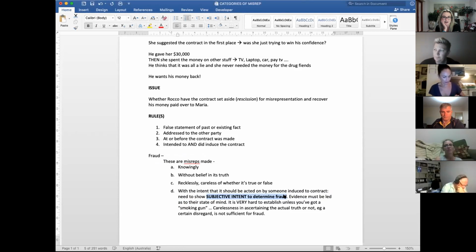Subjective intent. So is that going to be an easy thing to show or a hard thing to show? How high is this bar? Very high. Yes. Unless you've got a smoking gun, it's really, really hard to show fraudulent misrepresentation.